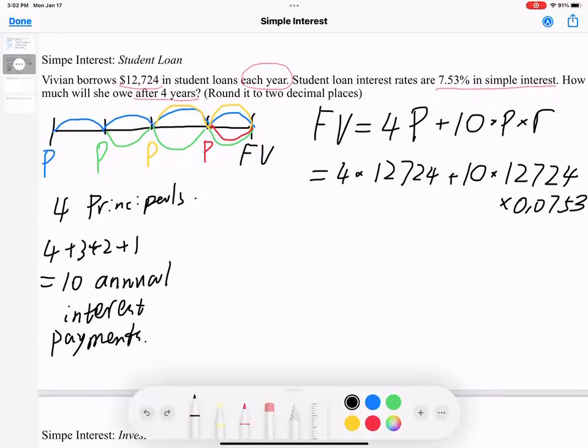When we multiply them together, 4 times the principal is $50,896.